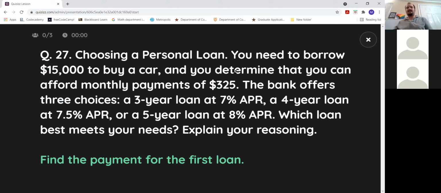So I think that gives us enough information to plug in. So we want to take out 15K. My APR is going to be 7% in this first one. Minus 1 plus, and to the negative NY is minus 12 times the number of years, which here would be 3.